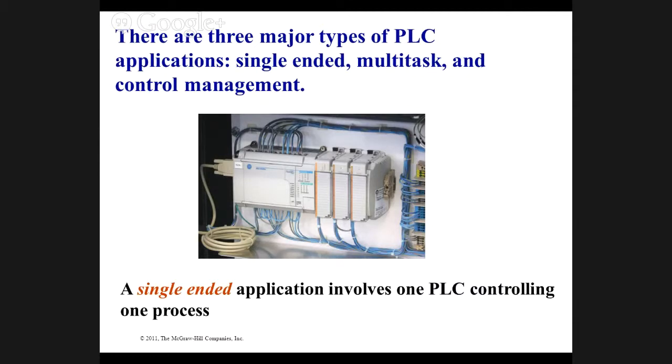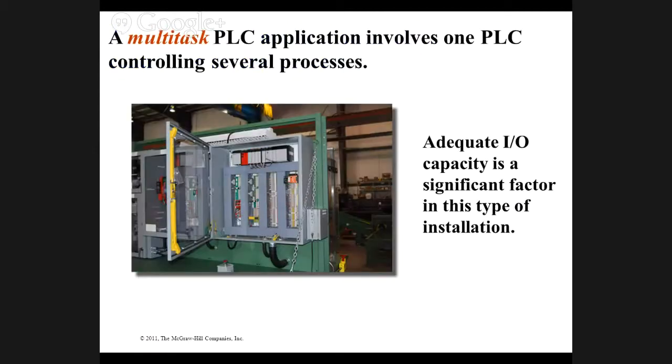So, there are three major types of PLC applications: single-ended, multitask, and control management. Single-ended means the PLC is controlling one process, all right? It's controlling a pump and a motor, what we looked at earlier. A multitask PLC means it's controlling several processes, like the ControlLogix pictured right here, which can control two separate systems just fine.